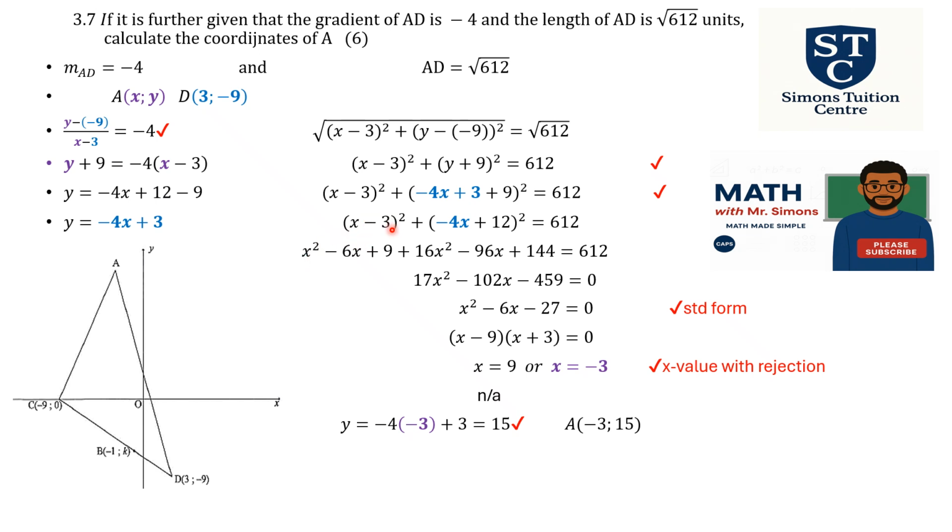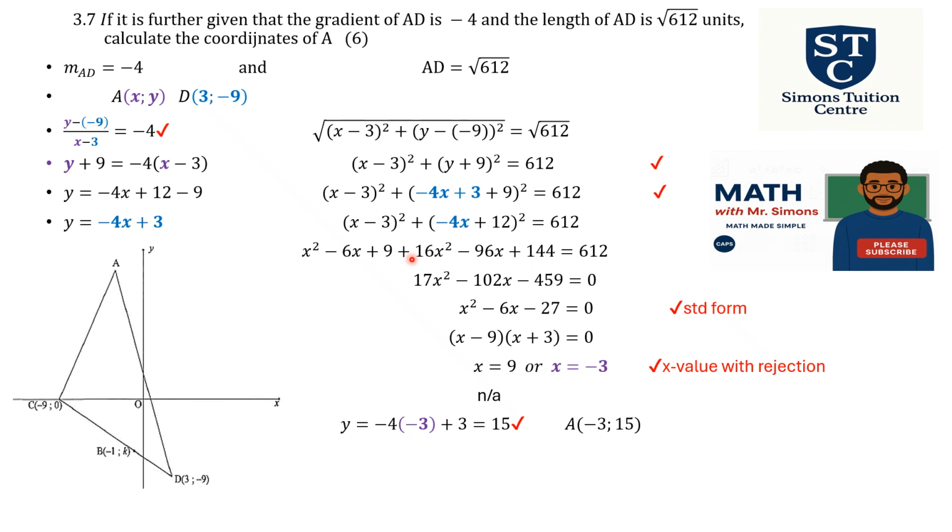X times -3 gives me -3x, times 2 gives me -6x. -3 times -3 gives me positive 9. -4x times -4x would give me positive 16x squared. -4x times 12 gives me -48x. If I multiply that, 2 times gives me -96x, therefore my middle term. 12 times 12 gives me 144.